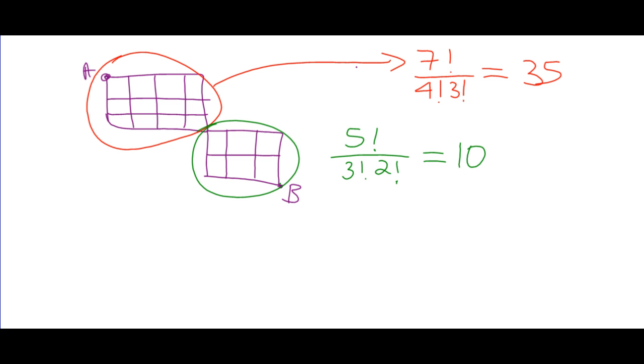Okay, so how many ways are there to get from A to B? So you got to get from A to the bridge, and then you got to get from the bridge to B. So what do we do with these two numbers? Add them? I've got 35 ways to get there, and then I've got 10 ways. Or I've got 35 ways to get to the bridge, and for every one of those 35 ways, I have 10 different routes from that point on.